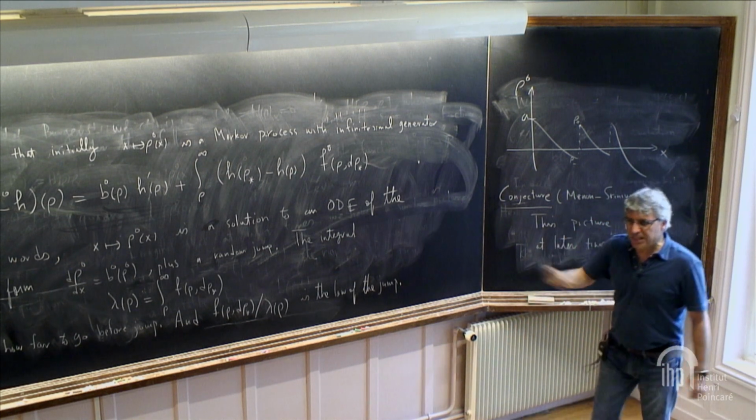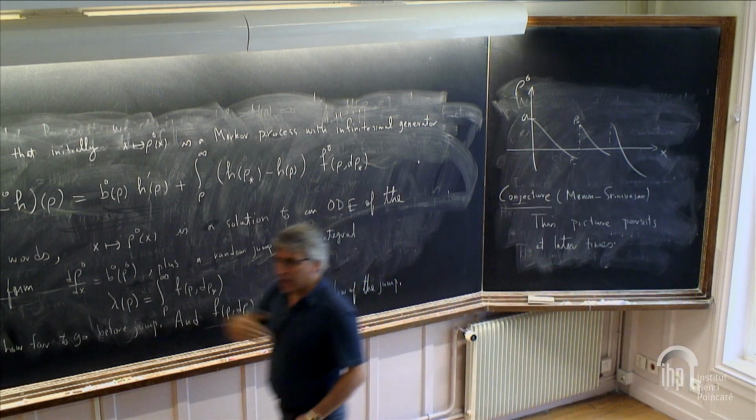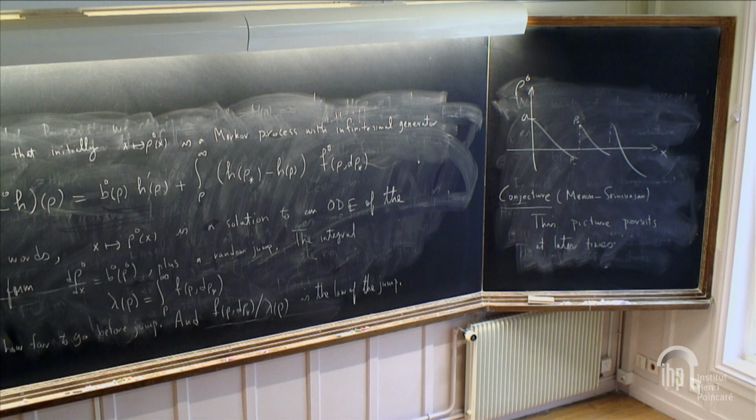So this is the rough statement of the conjecture. But now I want to give you more details. Now you have to derive an equation. You already have an evolution for the drift, but you want to derive an equation for the law, the statistics of jumps. And how you can derive an evolution, at least formally, requires some calculation.